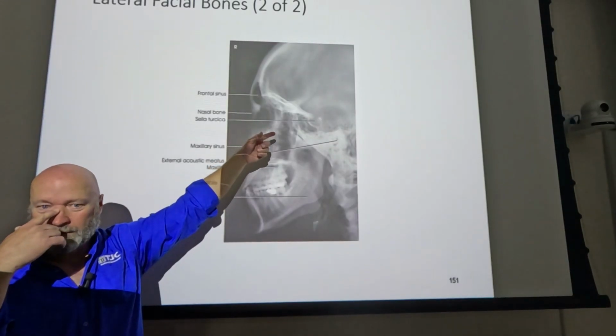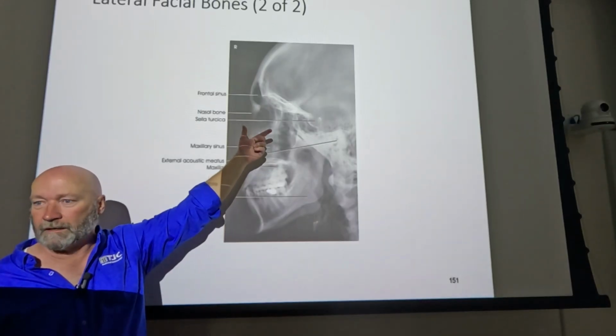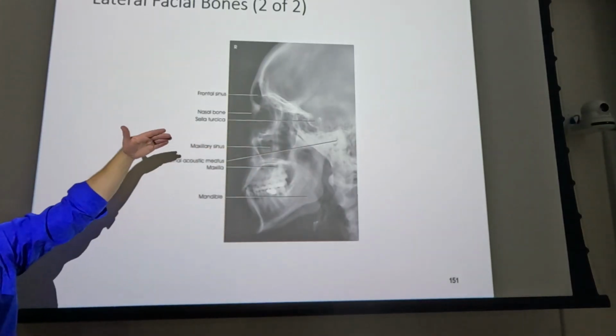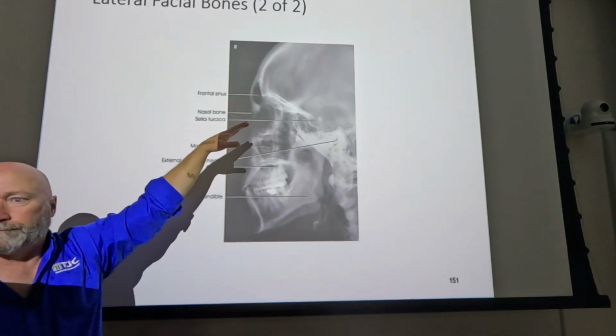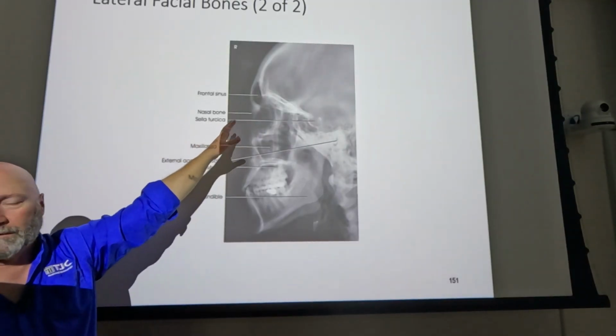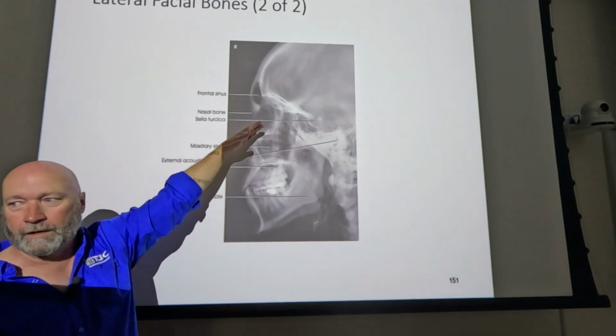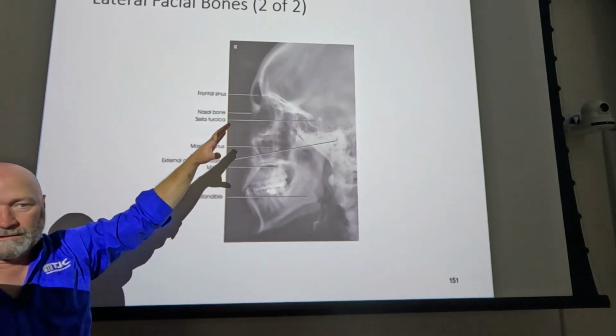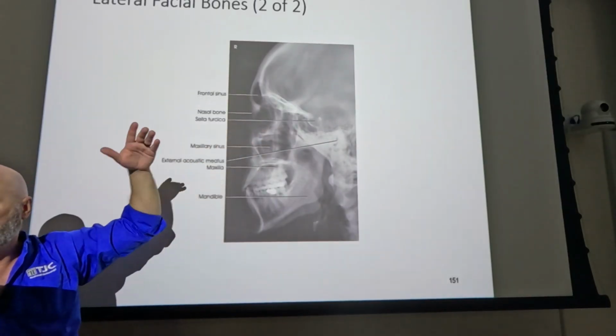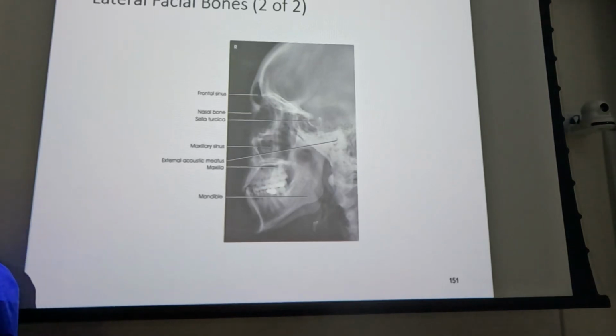Central rays right there, you're still going to hit the eyes, right? So if you can see them well on lateral facial bones, just let it go, right? Don't go blasting the patient's eyes for lateral nasal bones if you can see the fracture on lateral facial bones.